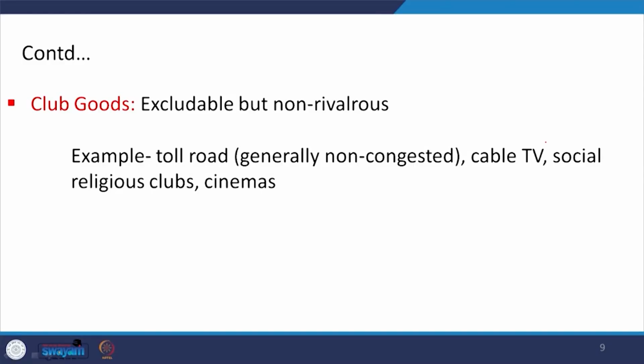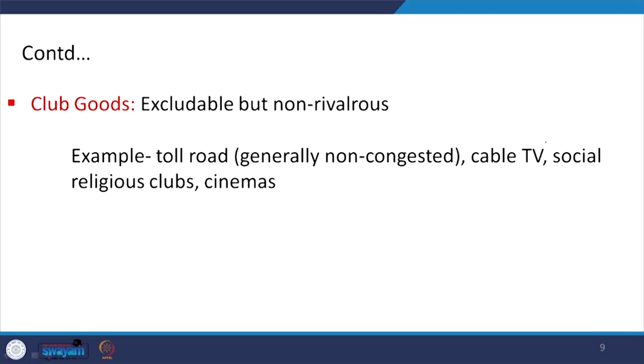However, this good will be non-rivalrous, because within this particular group you can consume, and the second person, whosoever is interested, can also consume without diminishing the availability of the good. This type of good you can also find in real life examples.